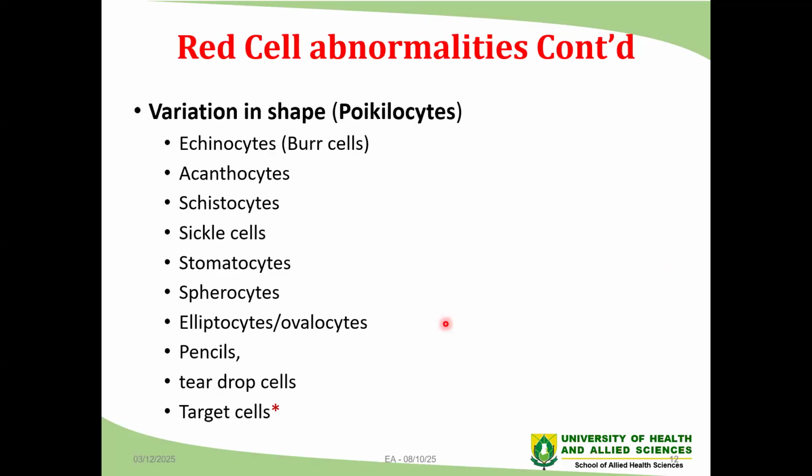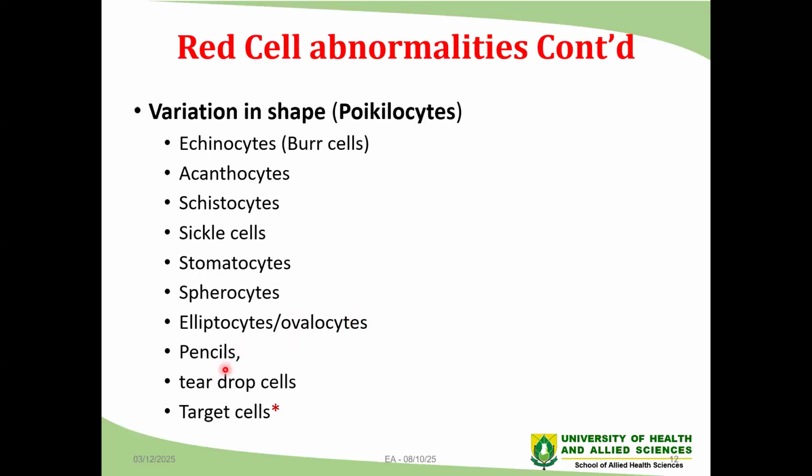So examples include echinocytes, which are also known as burr cells. You have acanthocytes, schistocytes, sickle cells, stomatocytes, spherocytes, elliptocytes, or ovalocytes. They are not the same though, but because they are usually as a result of the same kind of abnormalities, that's why I put them side by side here.